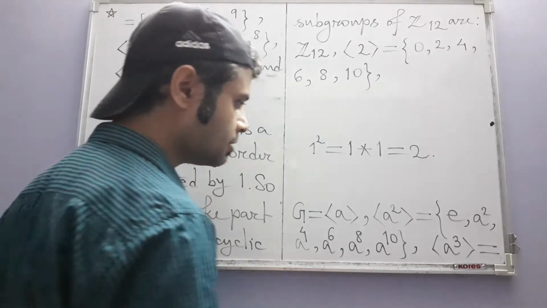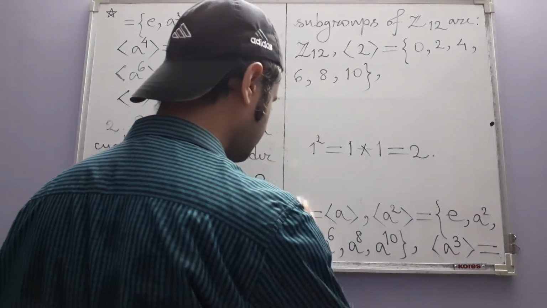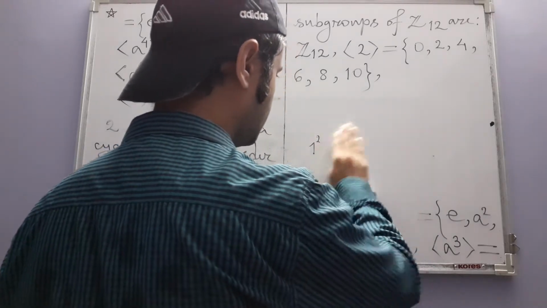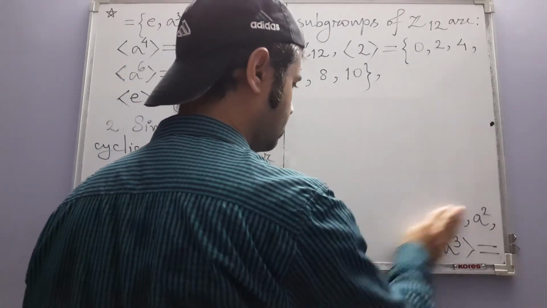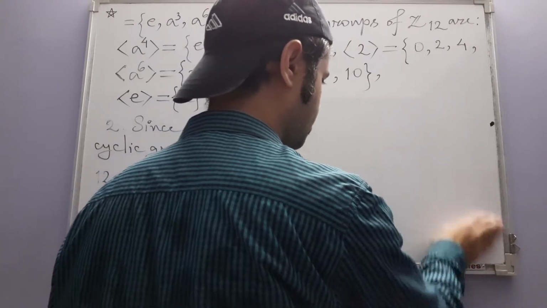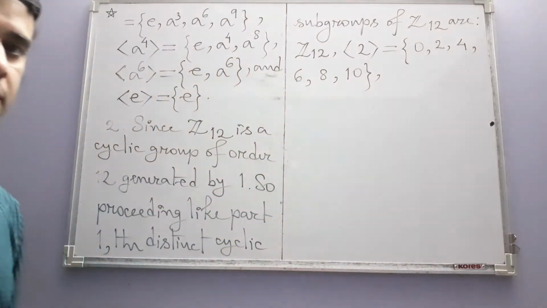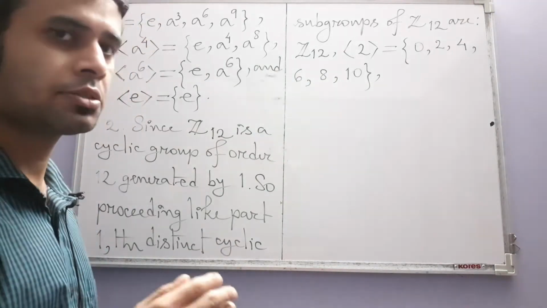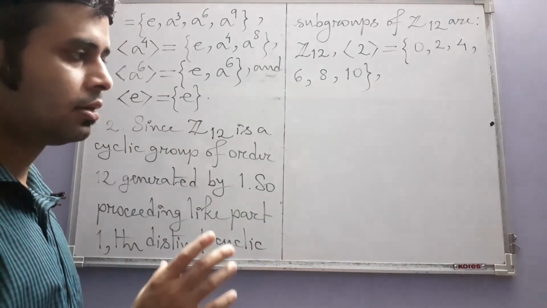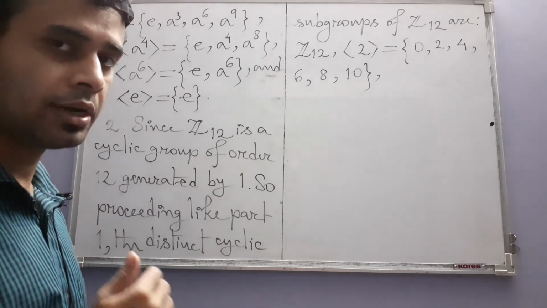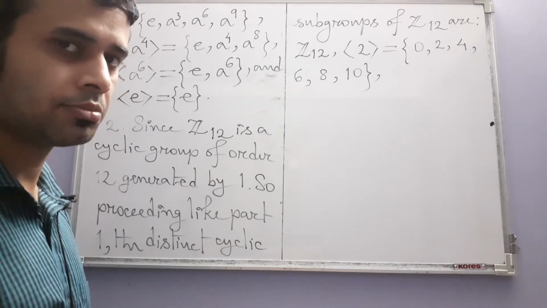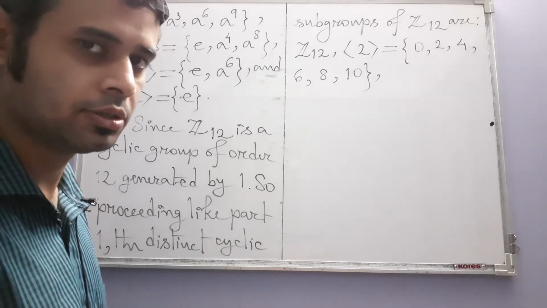The next one is the one generated by A cubed. And A cubed for us means 1 plus 1 plus 1. Actually, it's not just simply 1 plus 1 plus 1, but rather the remainder when you divide 1 plus 1 plus 1 by 12, and that also turns out to be 3.